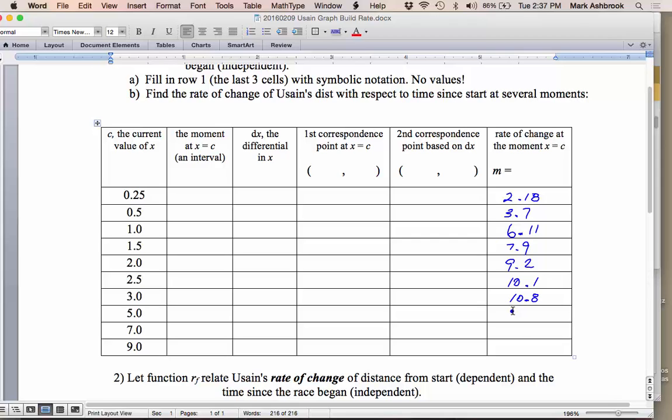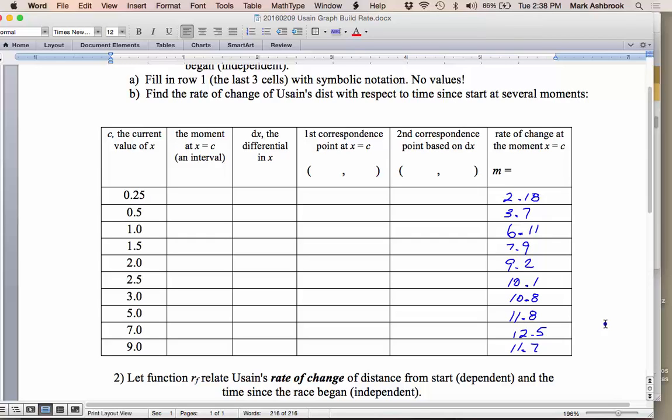Nice and loud. 11.8? These sound right? Okay. Anyone get 7? Cool. And finally 9. Seven? Okay.